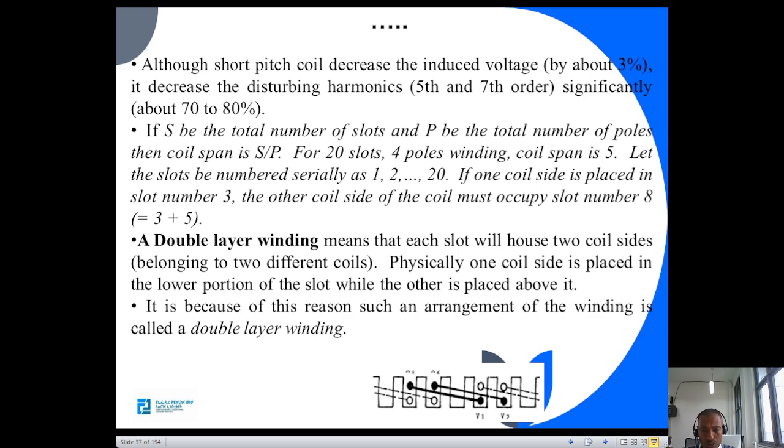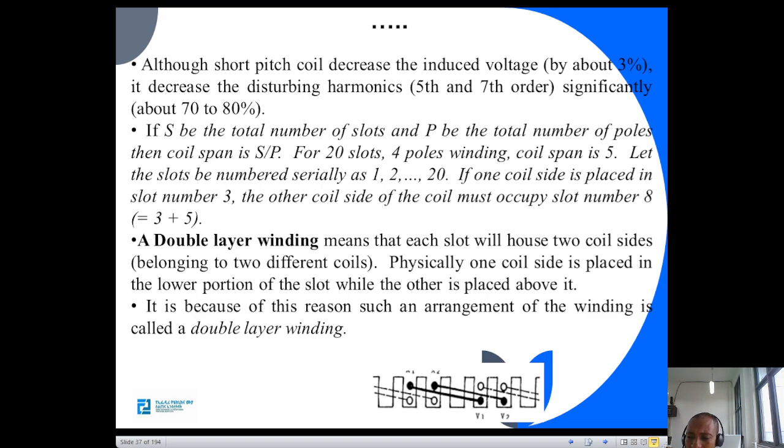And the other important point, which is already mentioned here, is the double layer winding. Double layer winding means that each slot hosts 2 coil sides belonging to 2 different coils. Physically, one coil side is placed in the lower portion of the slot and the other is placed above it.